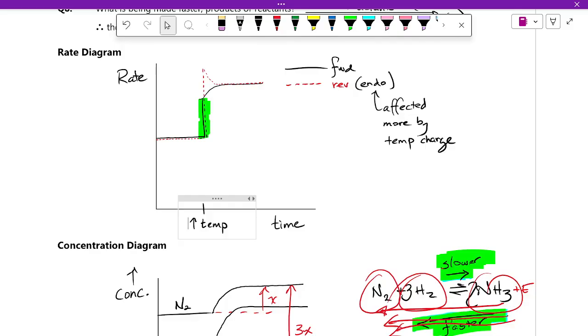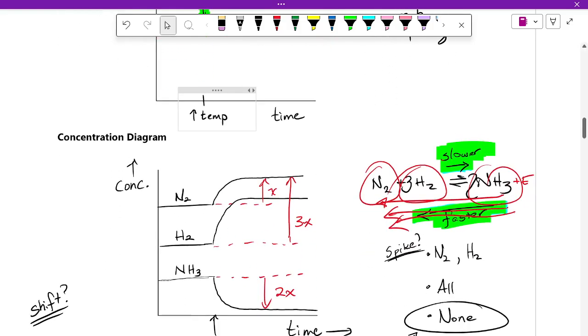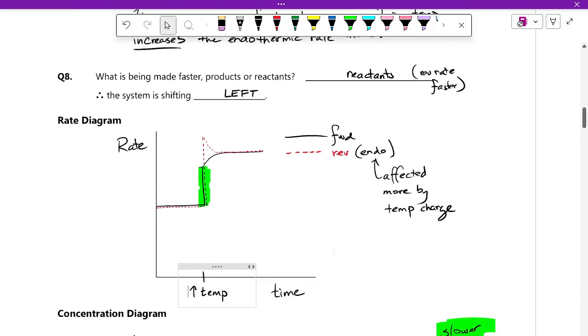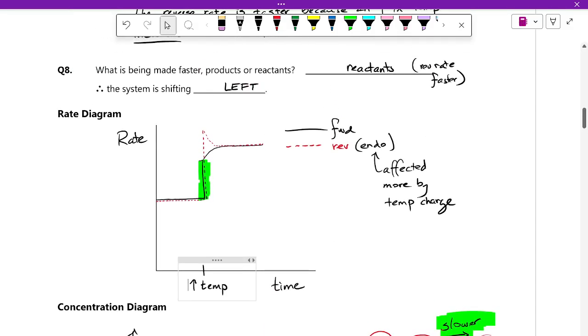The stress doesn't show up in the concentrations because we didn't change a concentration. We aren't doing that. The system is doing that. So it's not a stress, it's a shift. So we did nothing to the concentrations. We did something to the temperature, which only changes the rates.